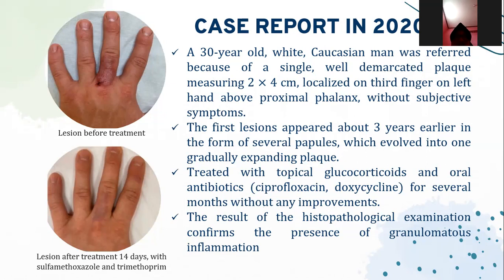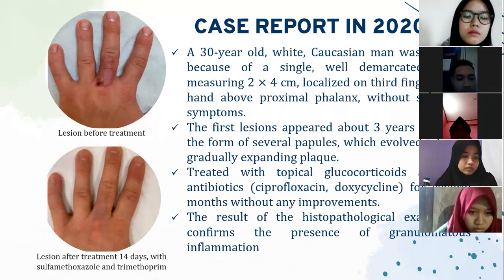Because Mycobacterium marinum infection is uncommon, in a case of clinical suspicion it is necessary to perform skin biopsy, culture, and tissue PCR analysis. The histopathological examination confirms the presence of granulomatous inflammation in about 15% of the cases and depends mainly on the duration of the disease.